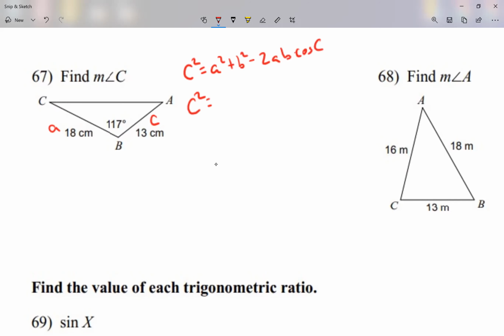18 squared plus 13 squared minus 2. I'm just going to type this whole thing in. So let's see.